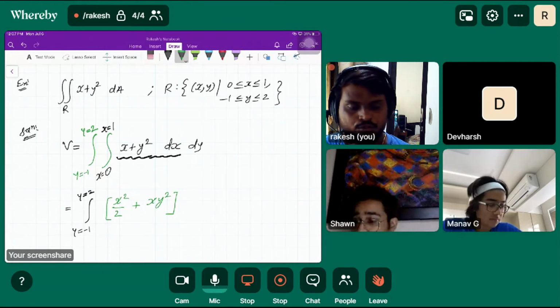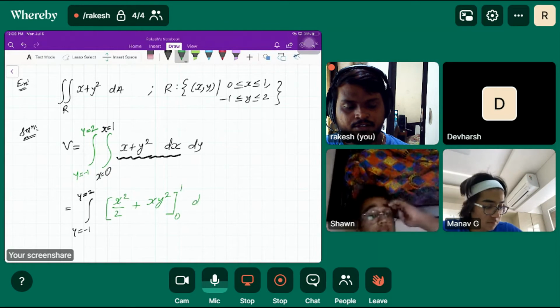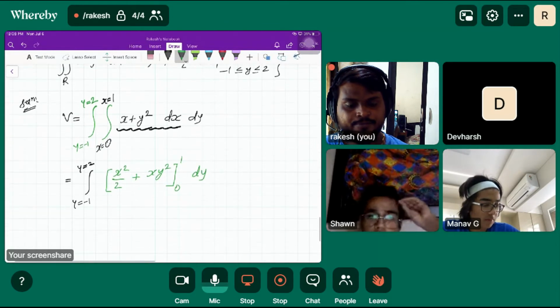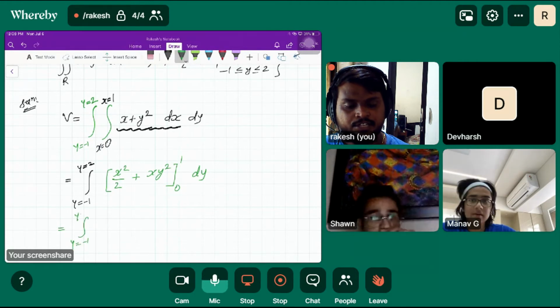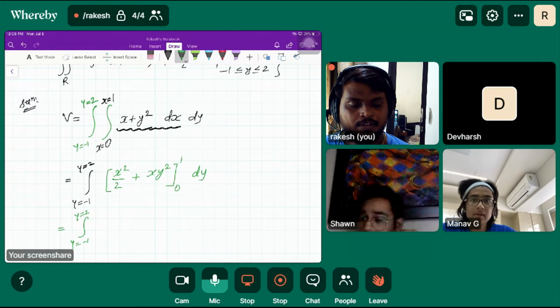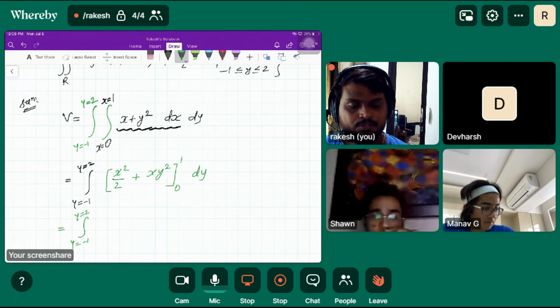Okay. So we will apply the limit here, x is equal to 0 to 1, dy. Now, the integration rules, everything else remains the same. So now we will apply the limit. What are we plugging in for? We are plugging in for x.